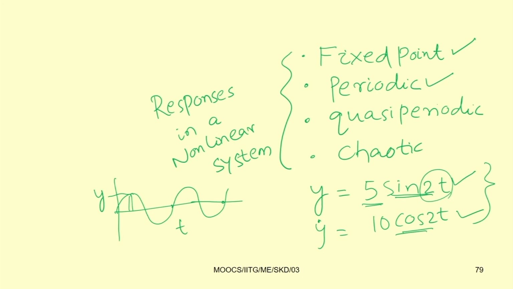Similarly, your response may be quasi-periodic. We will see what you mean by quasi-periodic. In case of quasi-periodic, you can write y, for example, y equal to 5 sin 2t plus, in a bracket, sin 2 root 2 t. Here this is sin omega 1 t, sin omega 2 t.